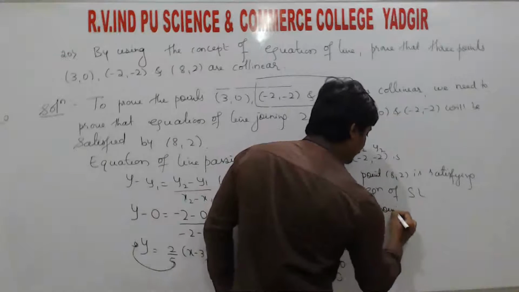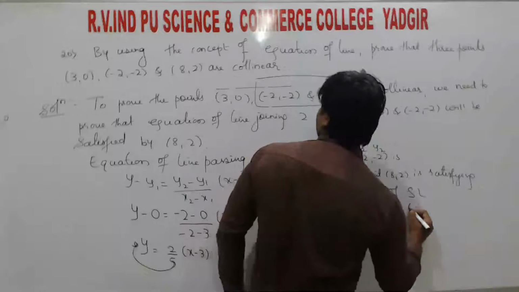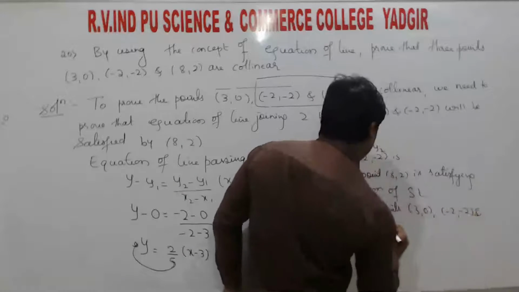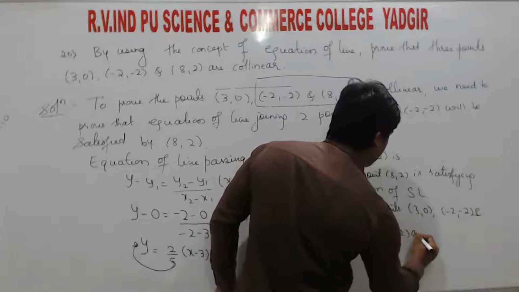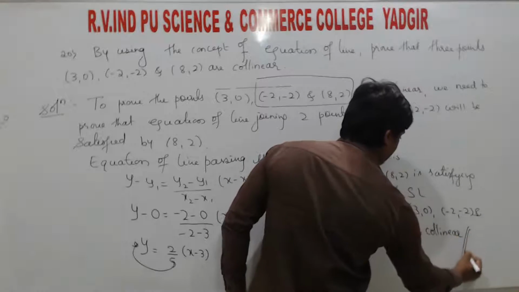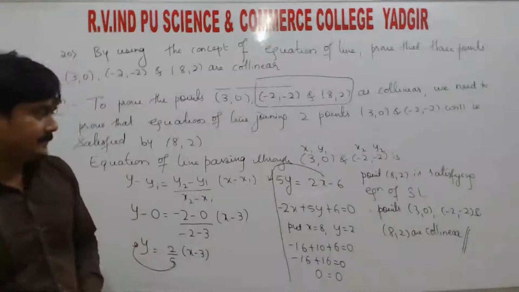Therefore, points 3 0, 2 comma minus 2 and 8 comma 2 are collinear. This is the solution. Okay.